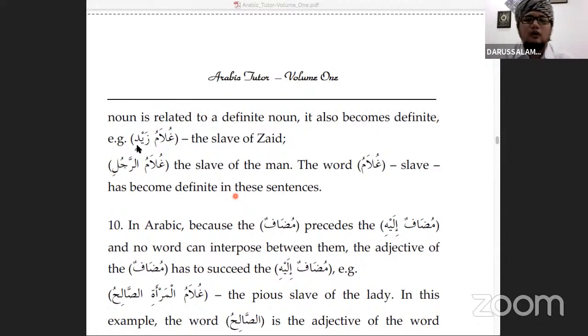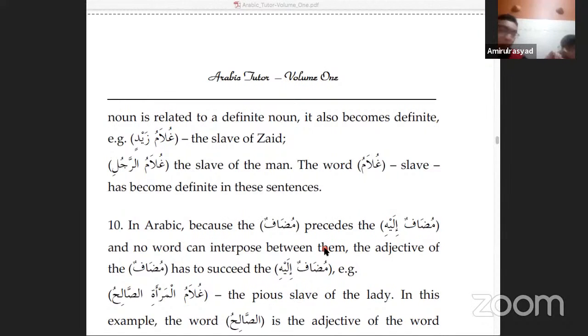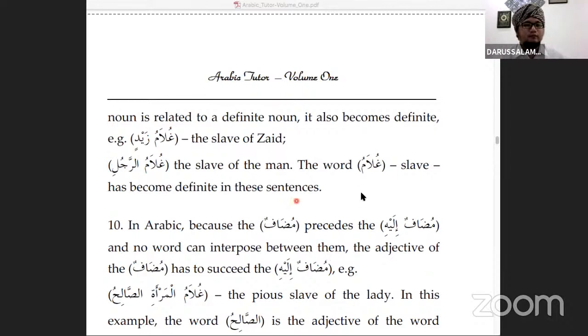So for example, ghulamu zaidin. Zaid, for example, is Zaid ma'rifah or nakirah? Ma'rifah. Which type of ma'rifah is it?